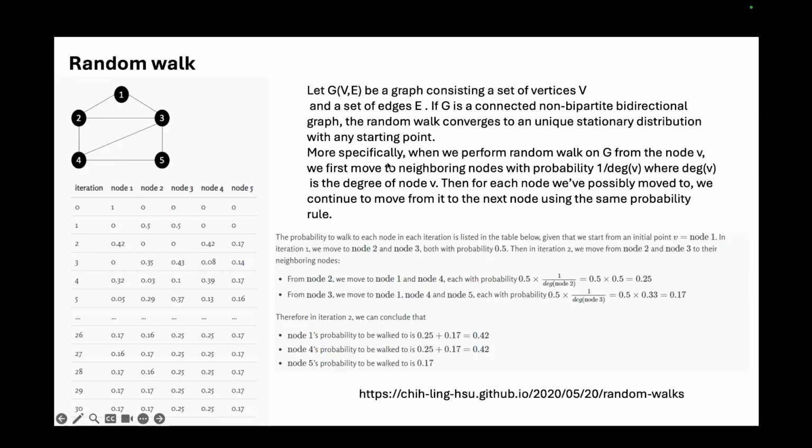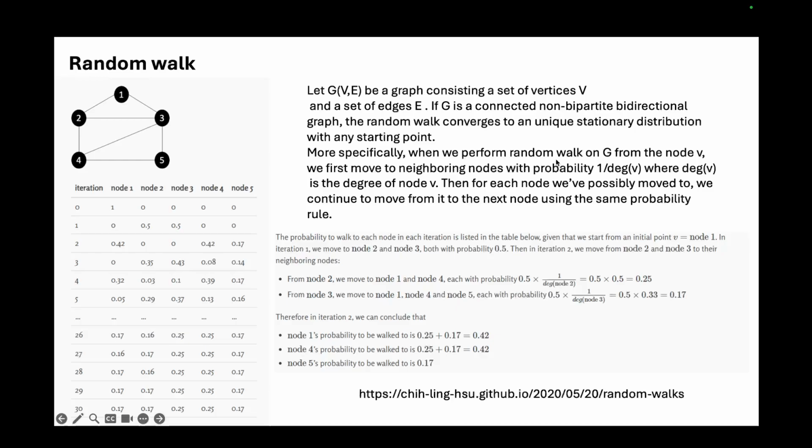It's a bidirectional graph. Random walk converges to a unique stationary distribution with any starting point. So however randomly you try to move, if you do it multiple times, it'll ultimately converge into a unique stationary distribution for every starting point.